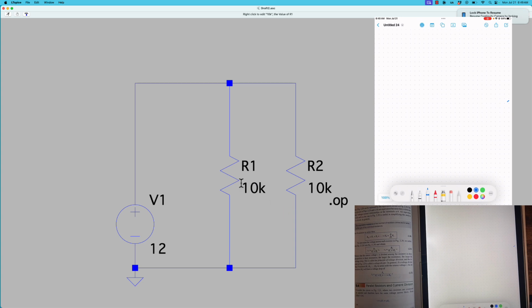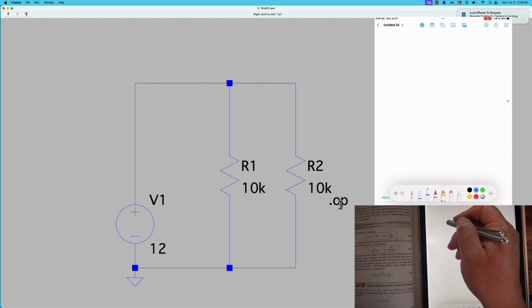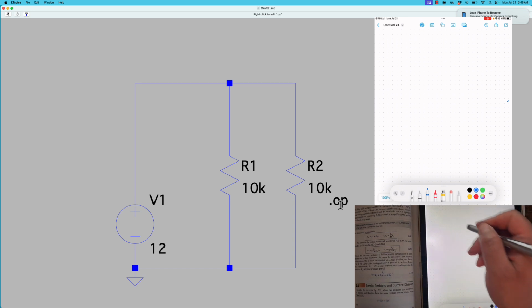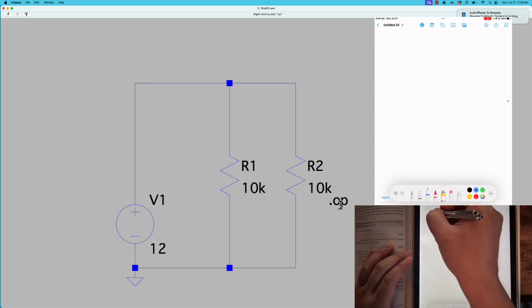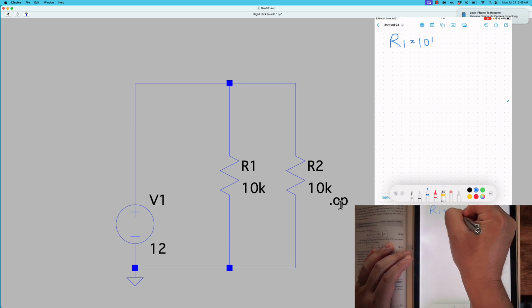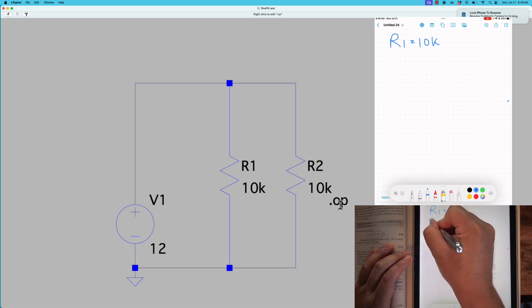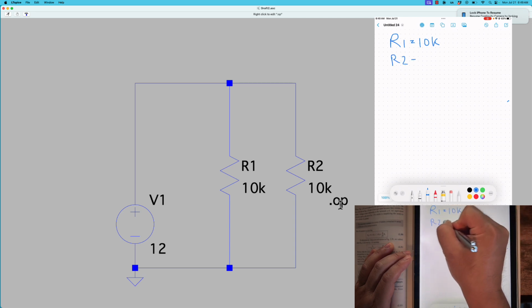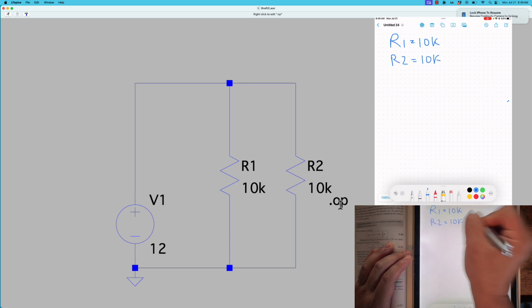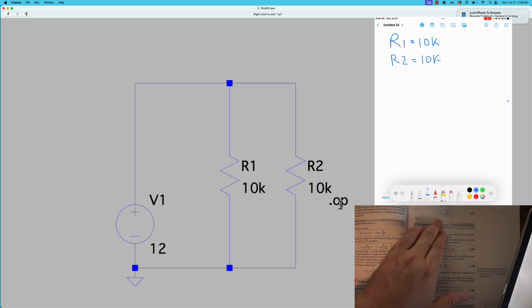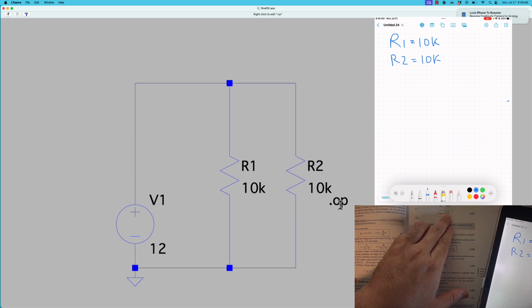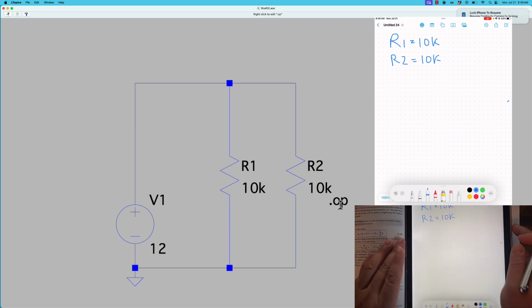We could do a dot op simulation, or I could do a hand calculation first. So I've got this blue ink over here. List the knowns: R1 is equal to 10K, R2 is 10K. So if we look at this formula again, R equivalent is R1 times R2 over R1 plus R2.